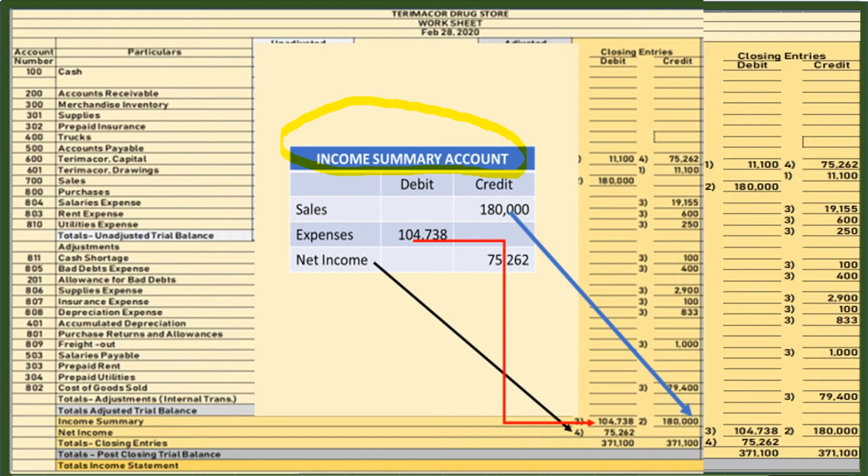So all sales and revenue accounts, to be zero, must be debited, and the income summary account will be used as a credit. To make all expenses zero, the income summary account is debited and each expense item is credited. Whatever is debited should be credited, and what has been credited should be debited to make them zero.